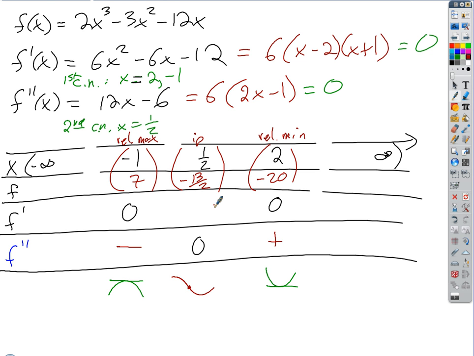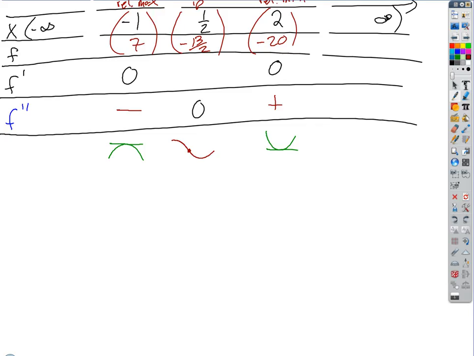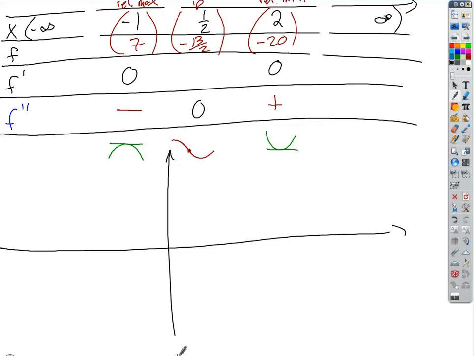Okay, so now look, we can make a sketch of this, can't we? We know that this is going to look something like, the scale is going to be a little bit off here. But we're going -1, 7, so that's going to be a point up here. At 1/2, -6.5, so that's going to put us down about there, right?